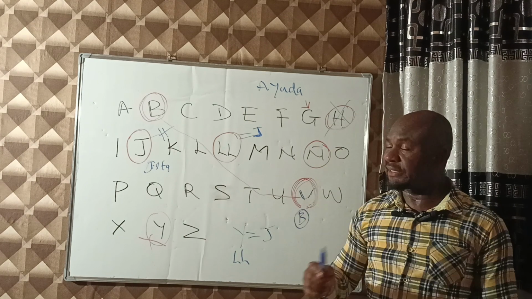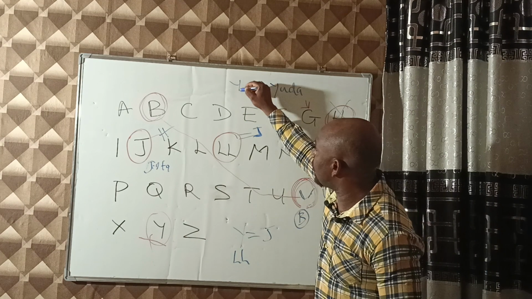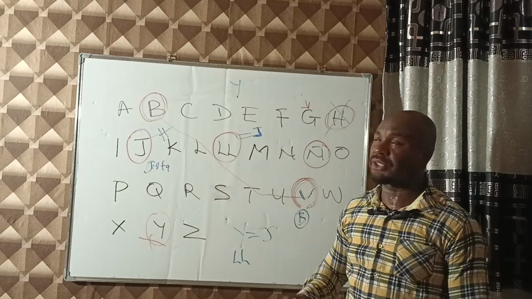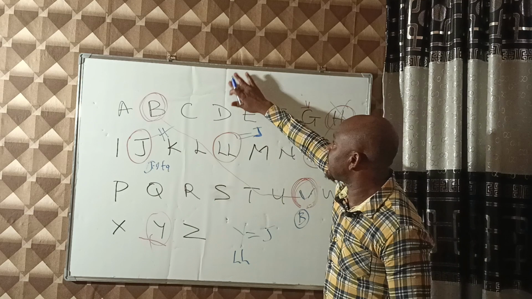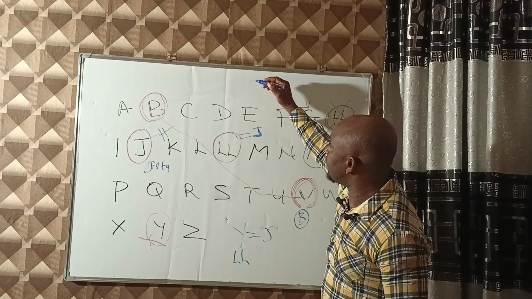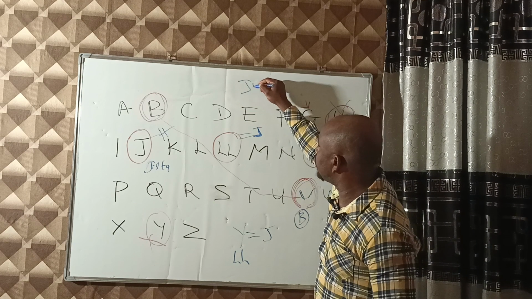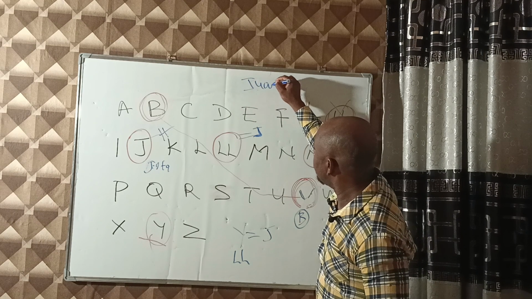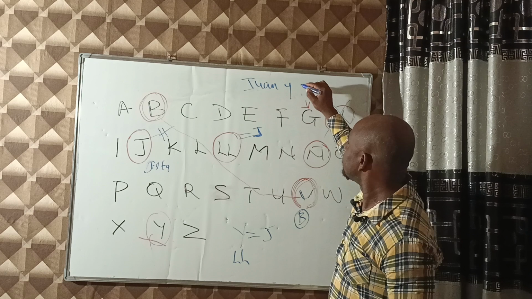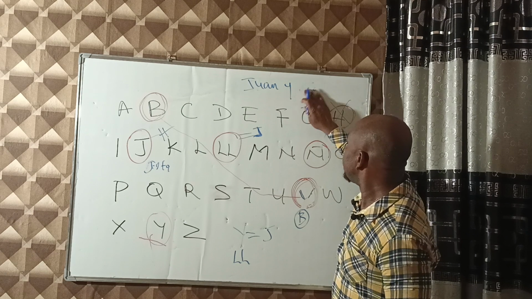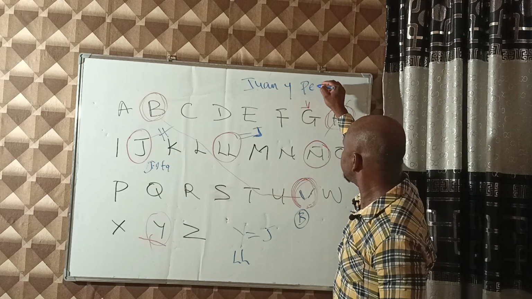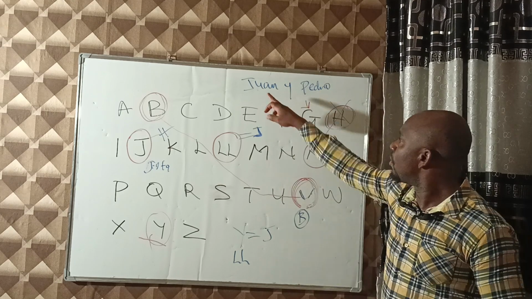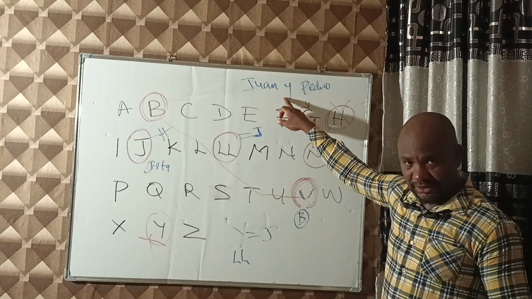One more thing on that. Sometimes you see Y in the midst of a word or sentence. For example, Juan, you already know. Let me use the word Pedro. You know Pedro means Peter, right? So Juan y Pedro, this is how it's pronounced here.